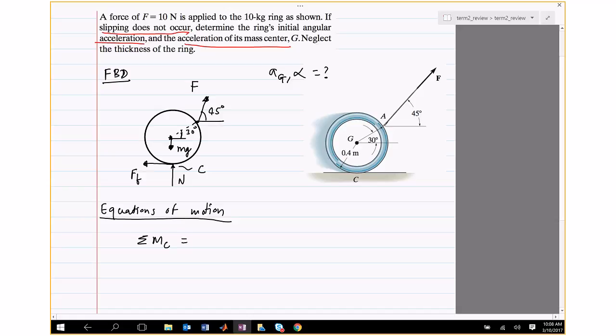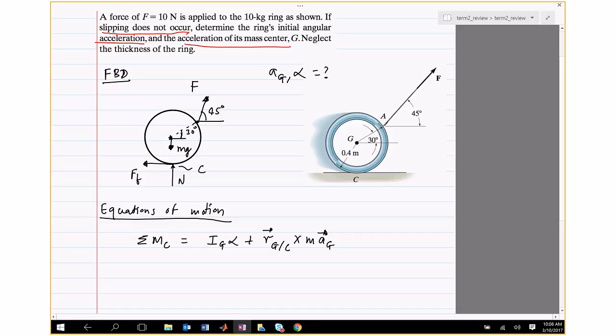Okay, so Mc, from the formula sheet, is equal to Ig alpha plus r of G with respect to C crossed with mass times acceleration of G. And as I said, this is sort of an abuse of notation.